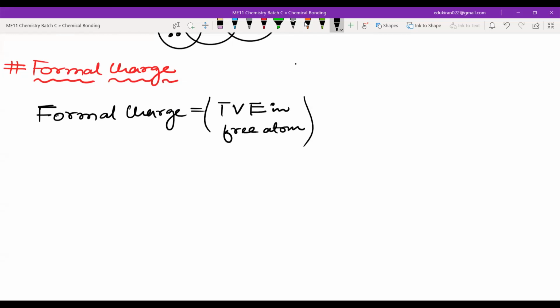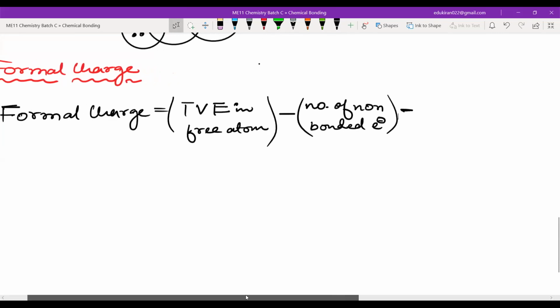Then you have to subtract the total number of non-bonding electrons. Please remember what I'm saying: non-bonded electrons, I'm not saying pairs, I'm saying non-bonded electrons, minus half of the bonded electrons.